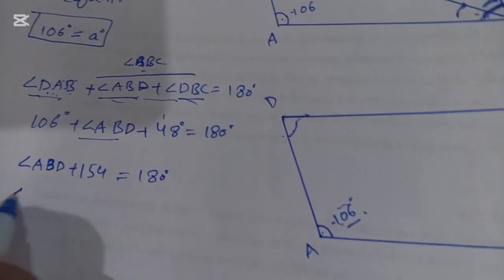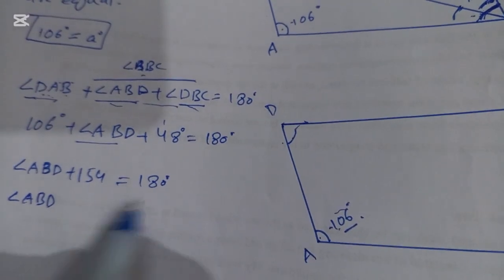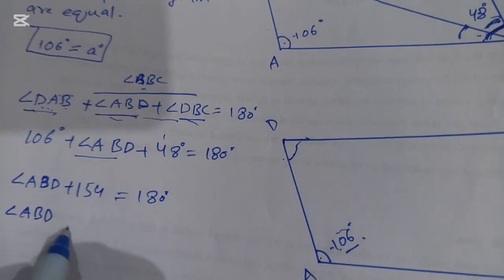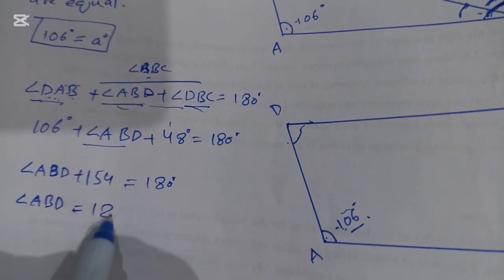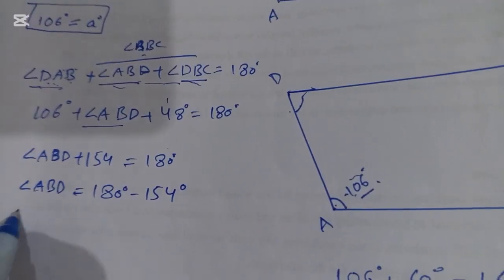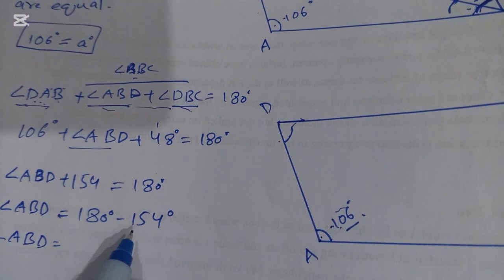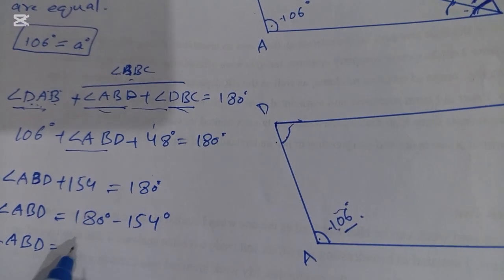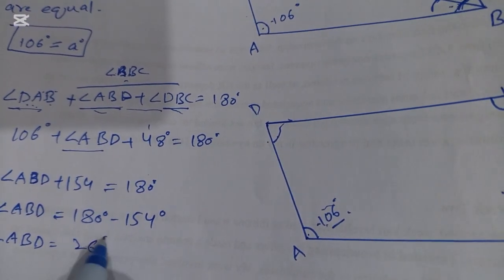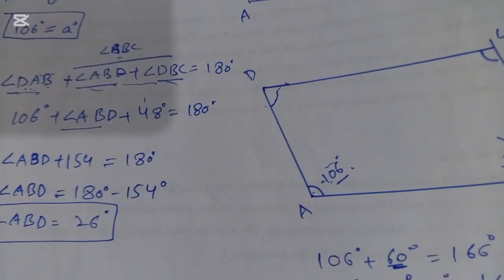Now angle ABD is in positive terms here. If you move it to the other side of an equation, it becomes negative. So 180 degree minus 154 degree. Now angle ABD equals, if we subtract 154 from 180 degree, 26 degree. So this is the value of angle ABD.